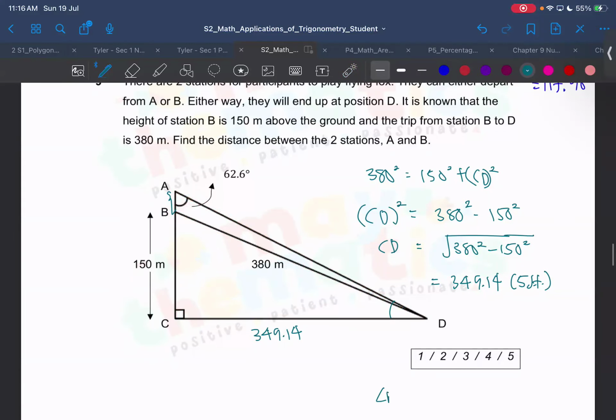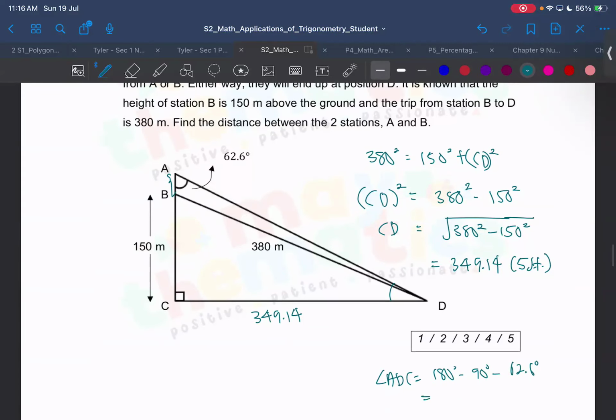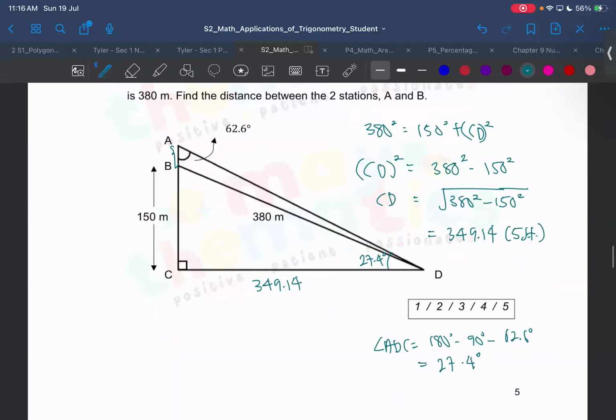So my angle ADC will be 180 minus 90 minus 62.6. And then can you try to find AC yourself, now that you know the angle for this? Yeah, wait for you to try. Okay, this angle is the entire angle here, not just BDC.